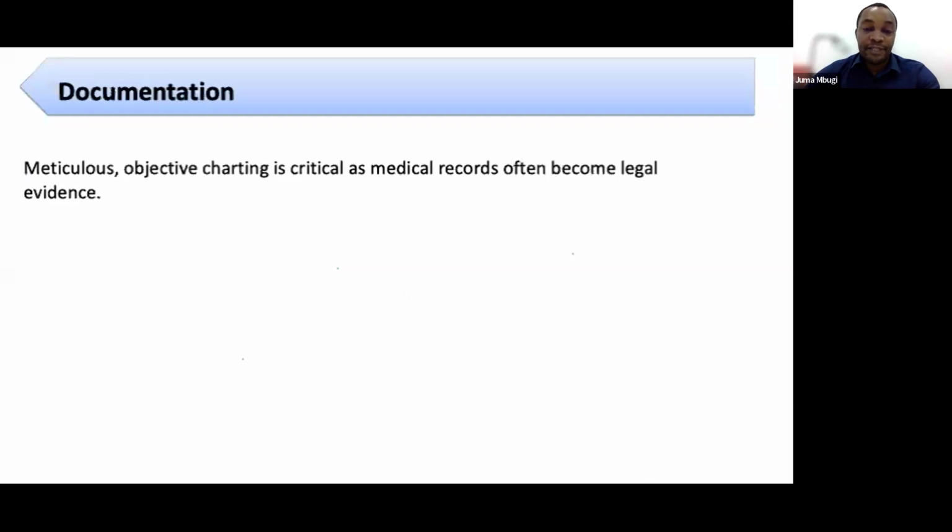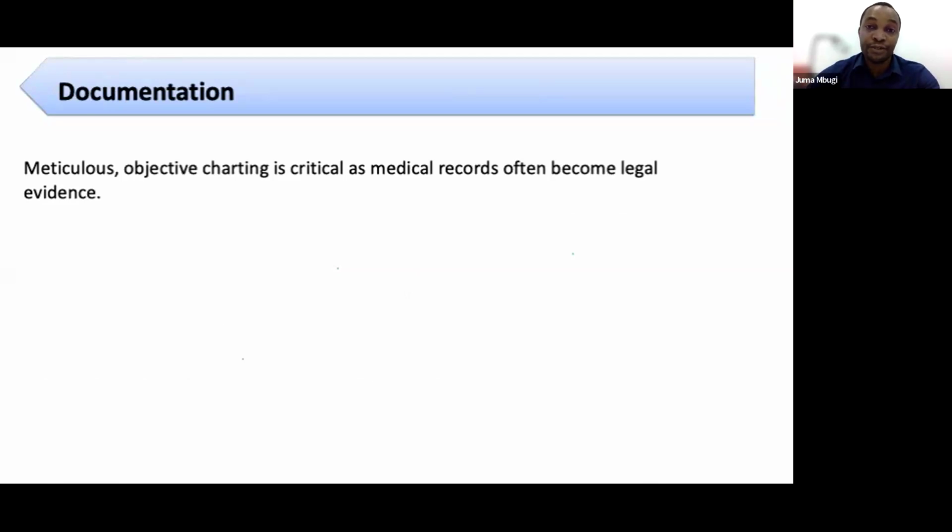And the documentation, we have talked about documentation, and the documentation should be meticulous, and the charting should be quite objective. Because this record is not just data, but later may be used as legal evidence.